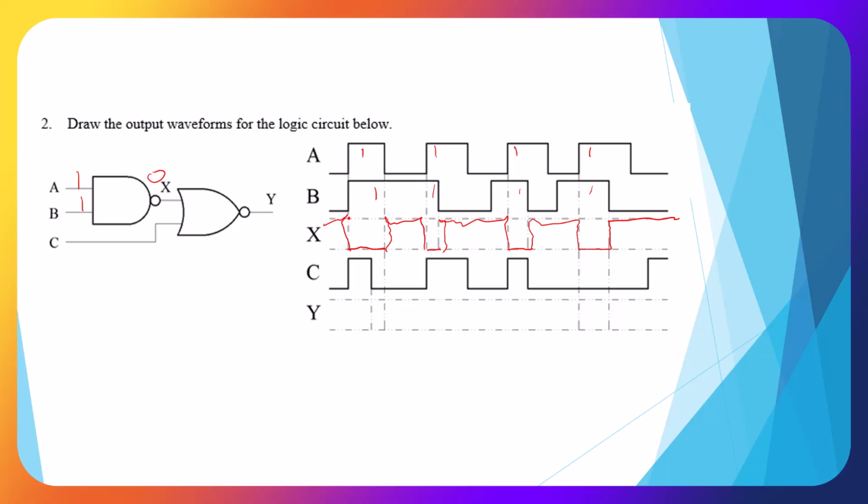Okay, so now we have our NOR, and 0, 0 to 1. So we're going to look at our zeros. That is not a 0. 0, 0, not a 0.